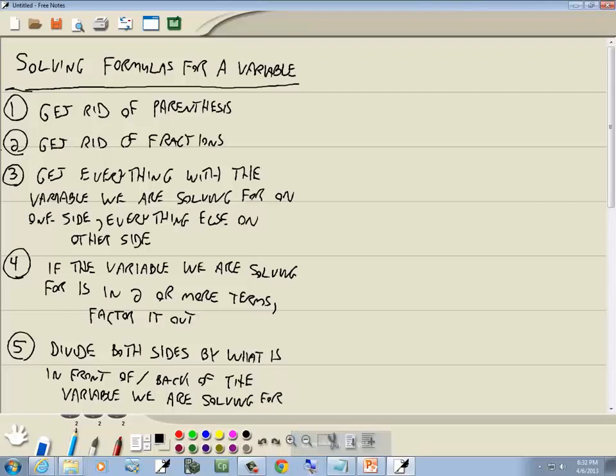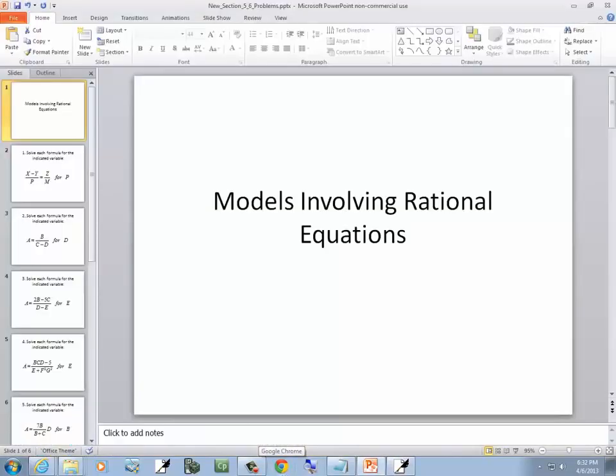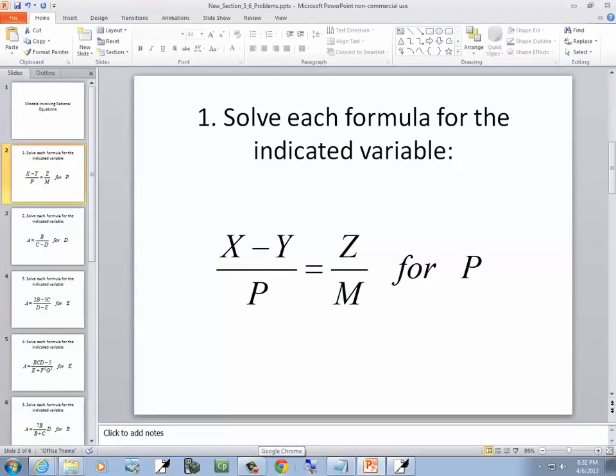So divide both sides by what is in front of slash back of the variable we're solving for. Well, let's take a look at our first problem.